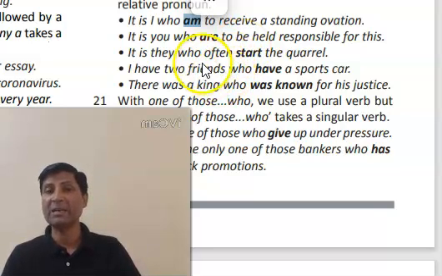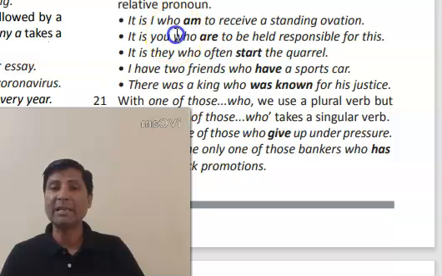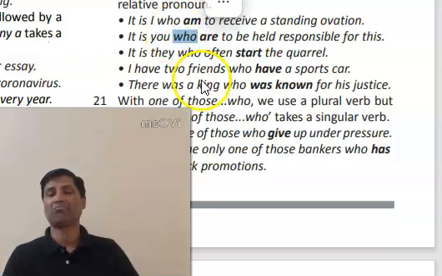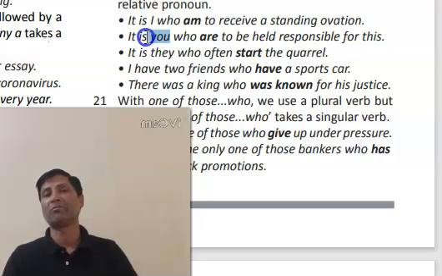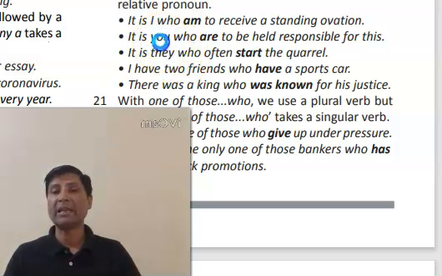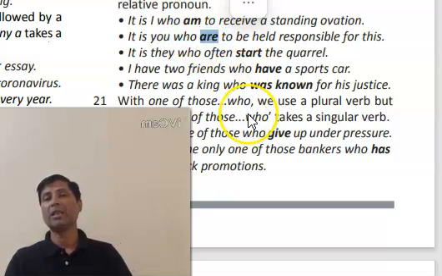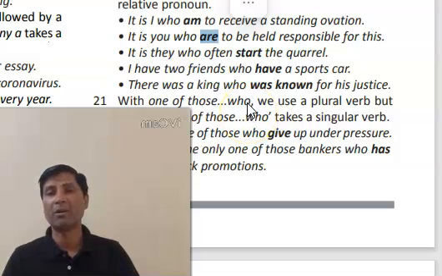Let us take another example. Now you see in sentence number 2, the same relative pronoun who has come. But this time, the word coming before who is a second person pronoun. So because a second person pronoun is coming before who, therefore this who has become a second person relative pronoun. And therefore this verb is also in the second person plural number.